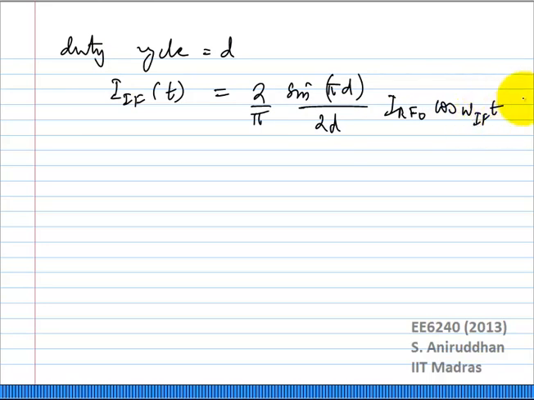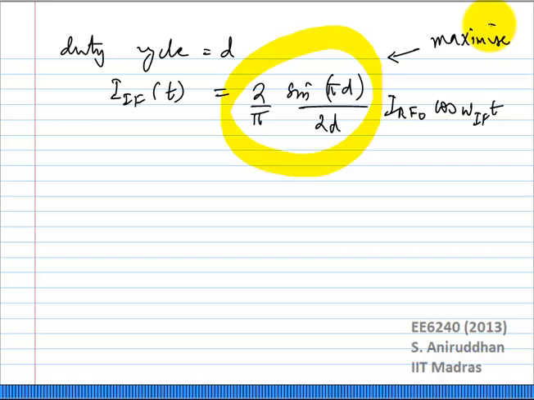This is the expression for the IF component we are interested in. So it depends on the duty cycle in this manner. It has a sin pi D by pi D kind of behavior. Okay? So now, this is the fundamental we are interested in. This is the conversion gain. Now you need to figure out at what value this becomes largest.